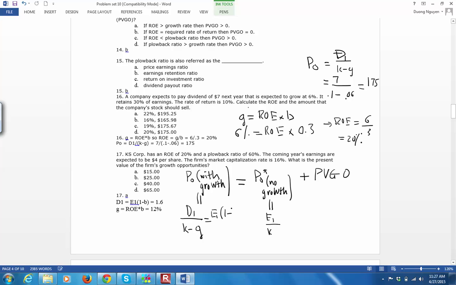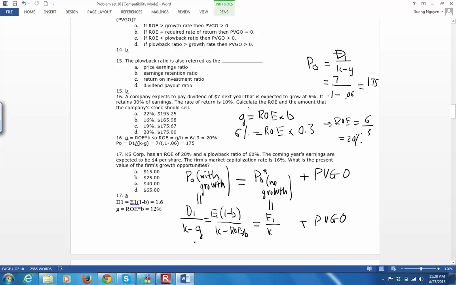So 1 minus plowback will go to dividend. So D1 is equal to E1 times 1 minus B, over K minus G, which is ROE times B, and equal to E1 over K, alright, plus PVGO.